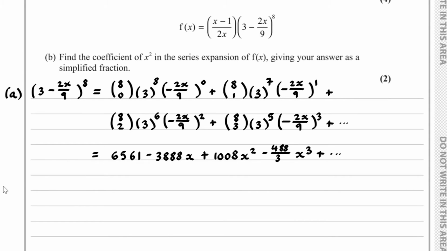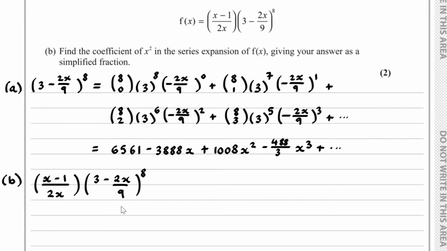Well, for part B, we have f of x, which is x minus 1 over 2x multiplied by 3 subtract 2x over 9 to the power of 8.